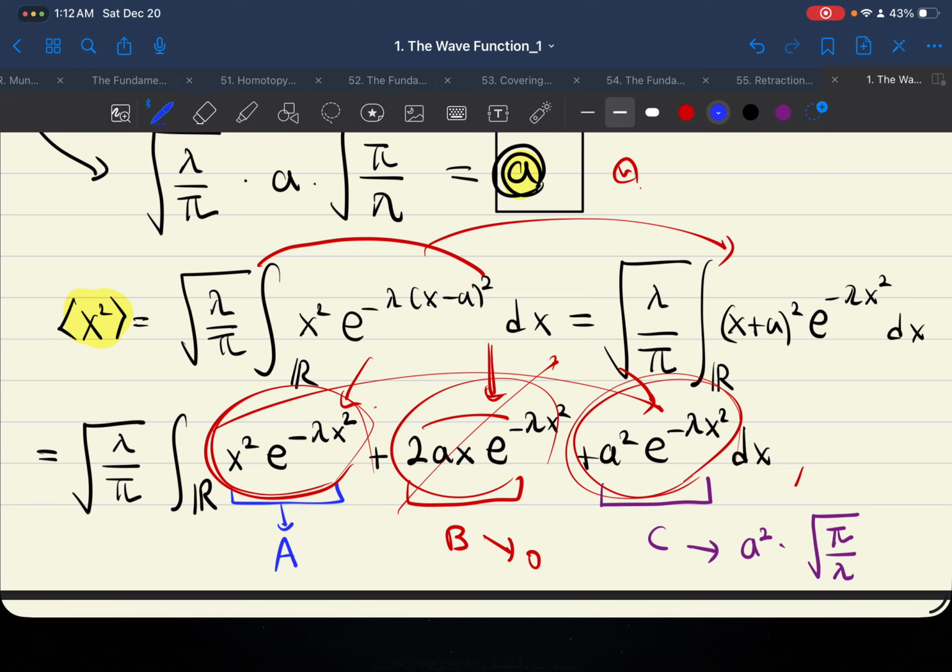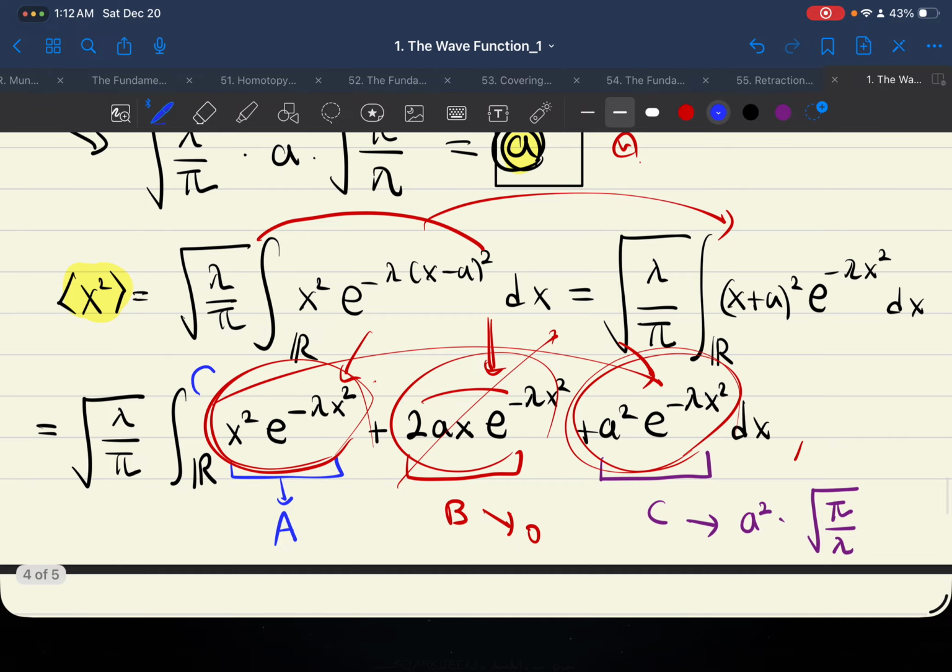The method for finding the expectation value of x squared is exactly the same. But if you see this expansion, the first part is somewhat tricky. The second part is just 0. Why? This is just an odd function integrated over the whole space. And the last part is just a Gaussian integration.